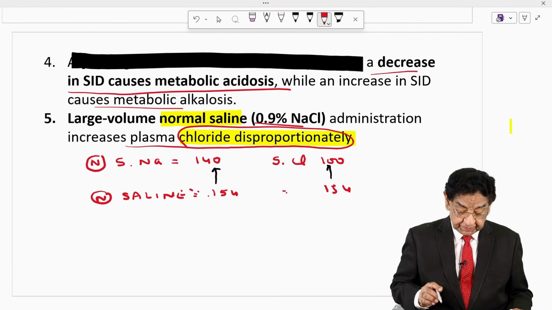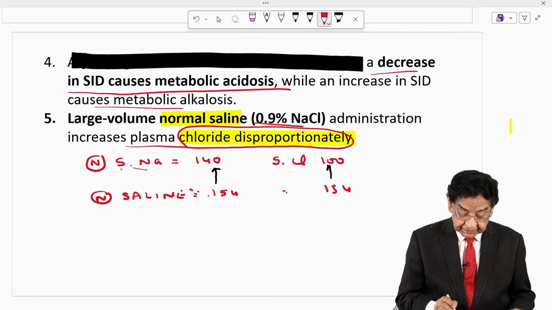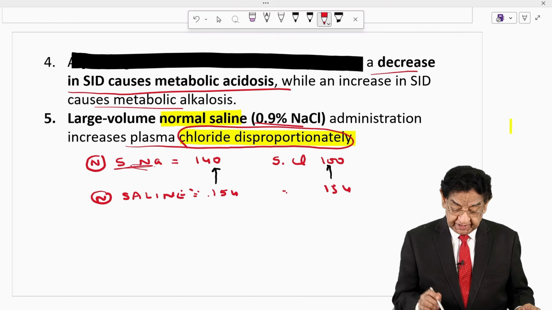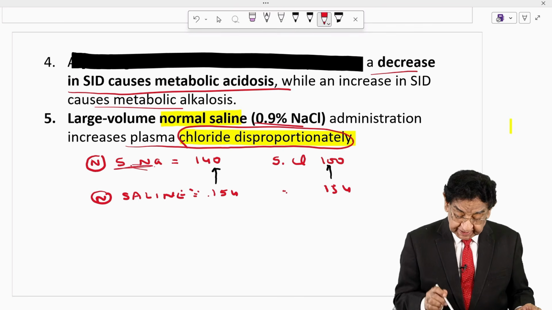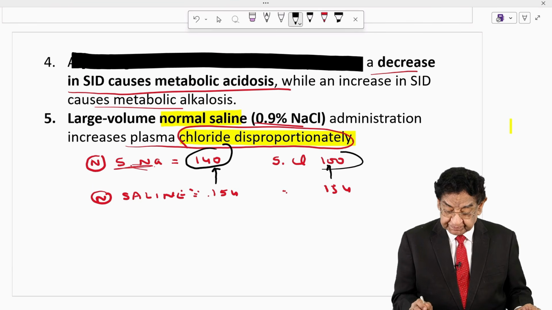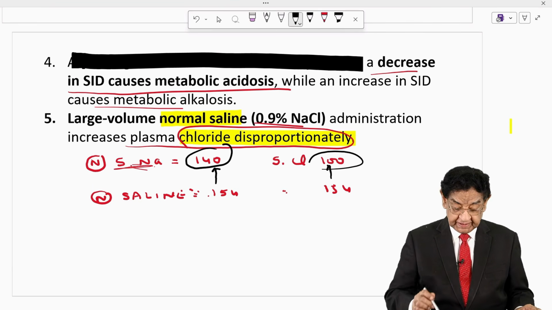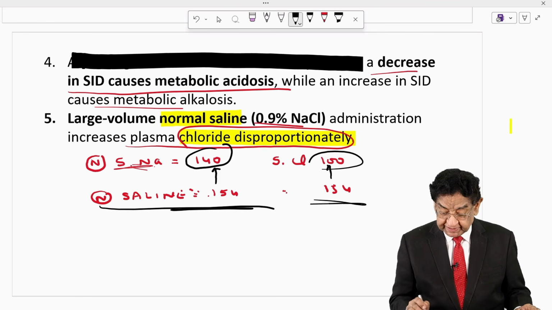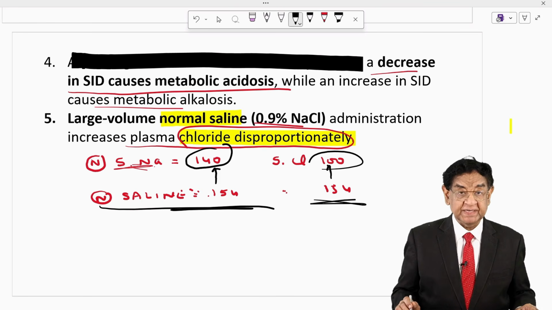We all know the normal serum sodium is around 135 to 145, but for easy calculation I am taking 140. Chloride, again, I am taking an average value of 100. But in normal saline, sodium is 154, chloride is 154 milliequivalent per liter.